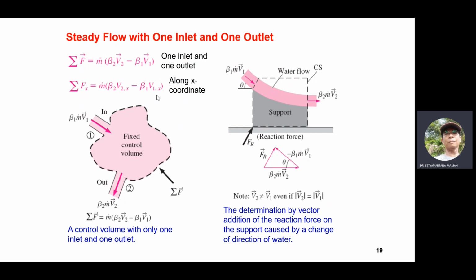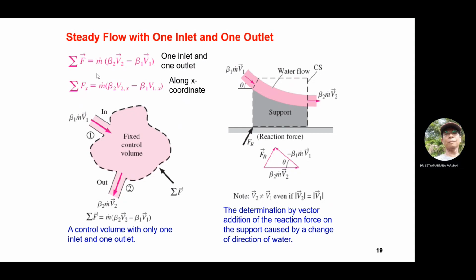But to express this relation, the sign is negative. So it means the vector beta 1 m v1, which is in this direction, should be reversed. So the direction will be reversed, minus beta 1 m v1. And then we just use the rule for vector summation.